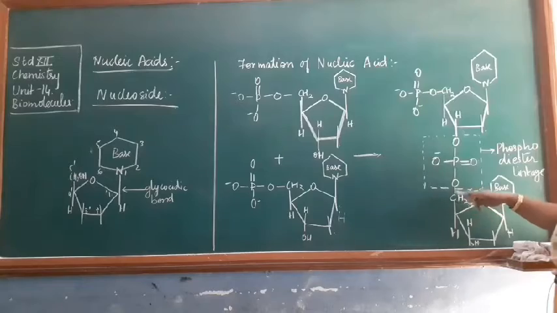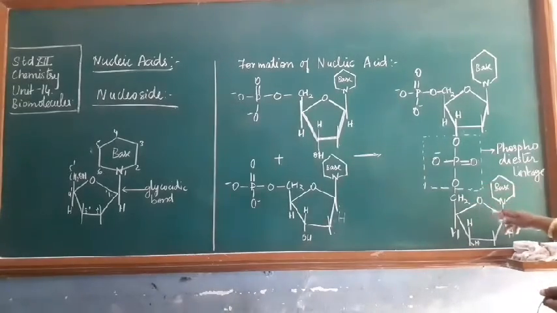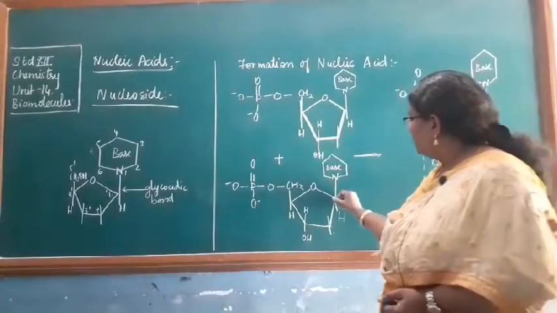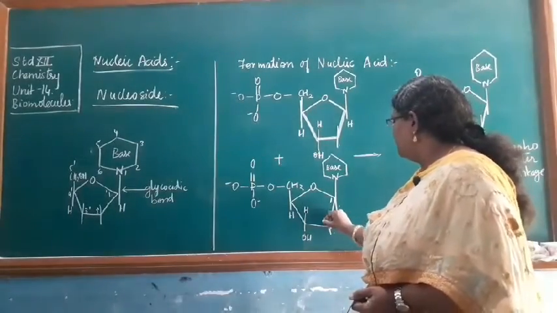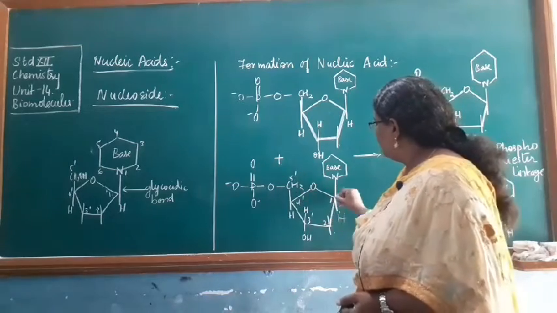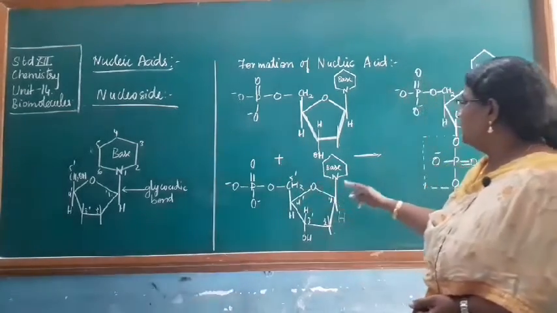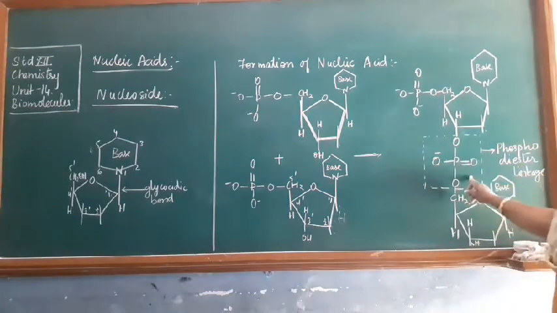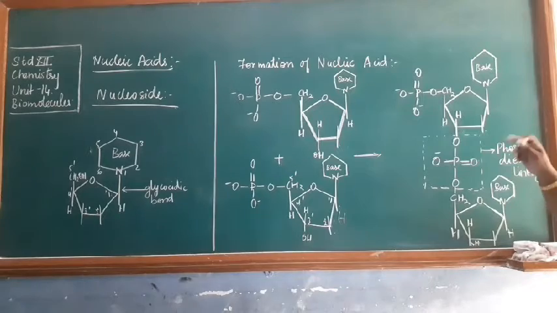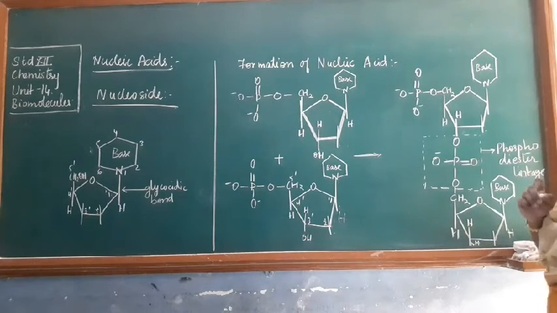See, this is the 5 dash carbon. The phosphate linkage is with the 5 dash carbon. This is your first carbon, this is second, third, fourth and fifth. So this is the fifth carbon with which the phosphate ion is there, and that phosphate ion will be bonded to the third carbon of the other nucleotide.